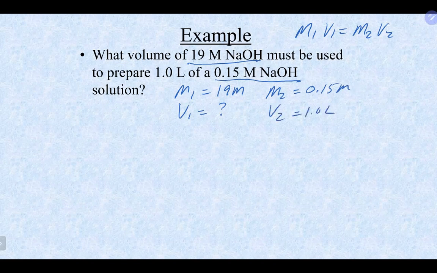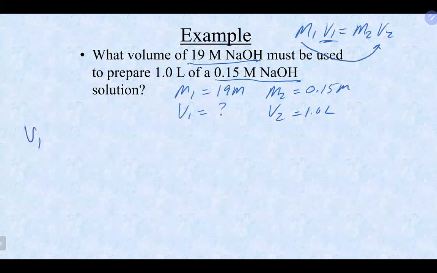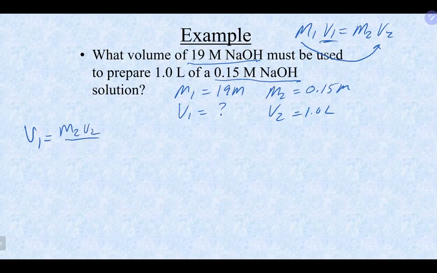In this case, we're going to solve for V1, which means we're going to divide M1 to the other side. That would give us V1 equals M2V2 divided by M1.